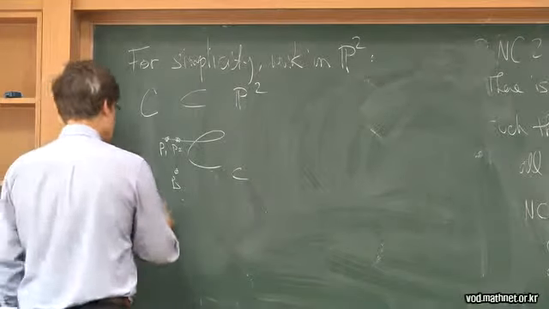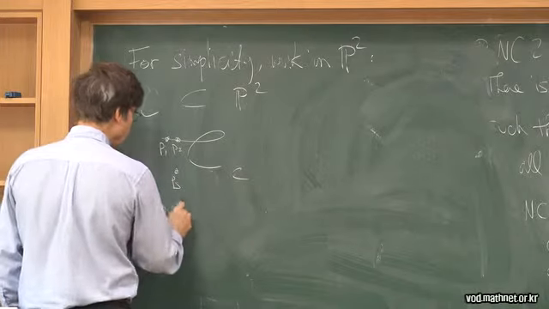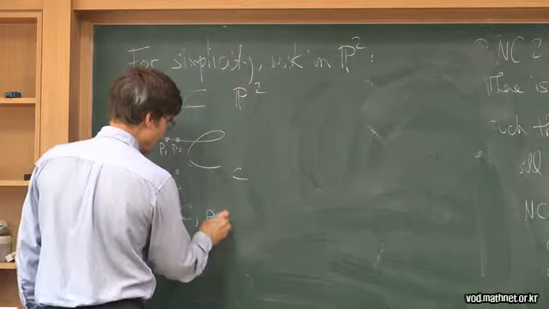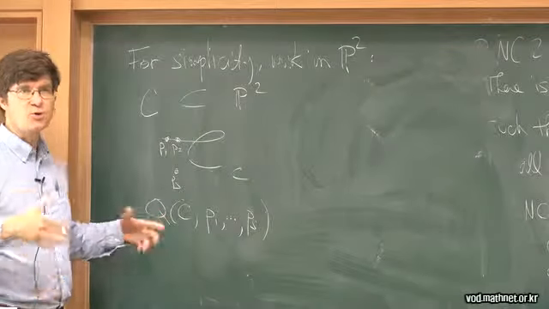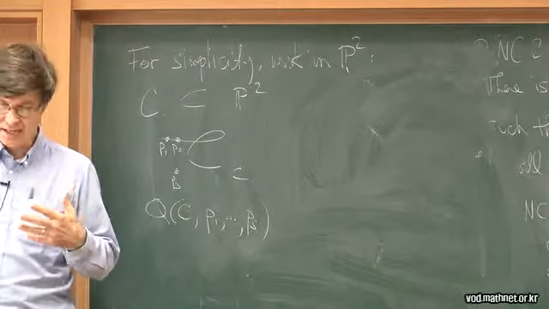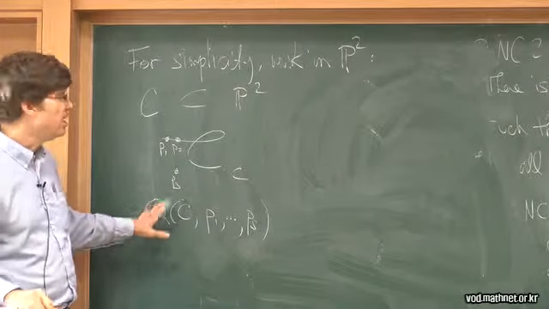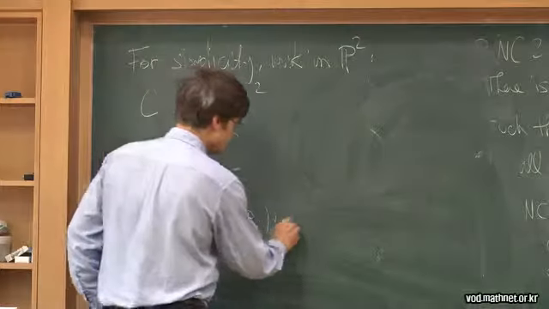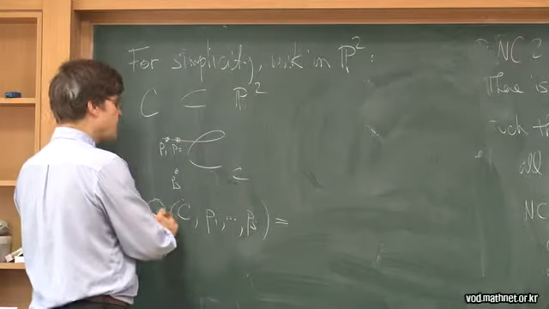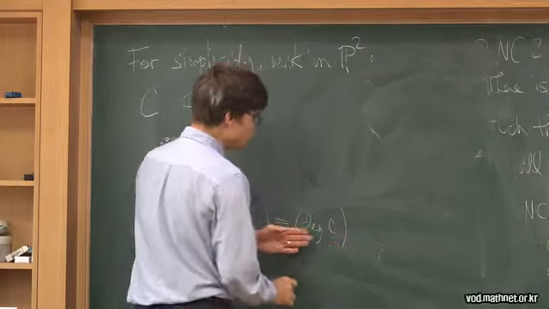So what I'll do is I'll define Q of C with respect to the points. The Q just stands for quadratic. I'm going to be defining a quadratic operator. It's basically the self-intersection of the proper transform of the curve after you blow up. So the quadratic operator is just going to be the degree of the curve.